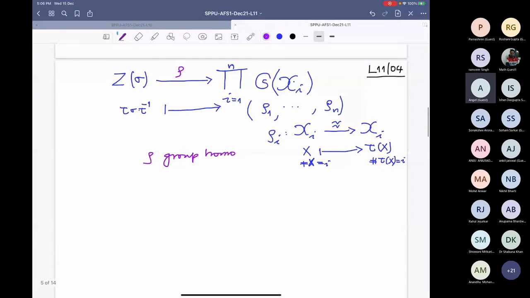Now, my aim is to compute this, and this cardinality I know. What is the cardinality of this group? Can somebody tell me? Come on. What is this cardinality? I cannot raise my hand by names, no?